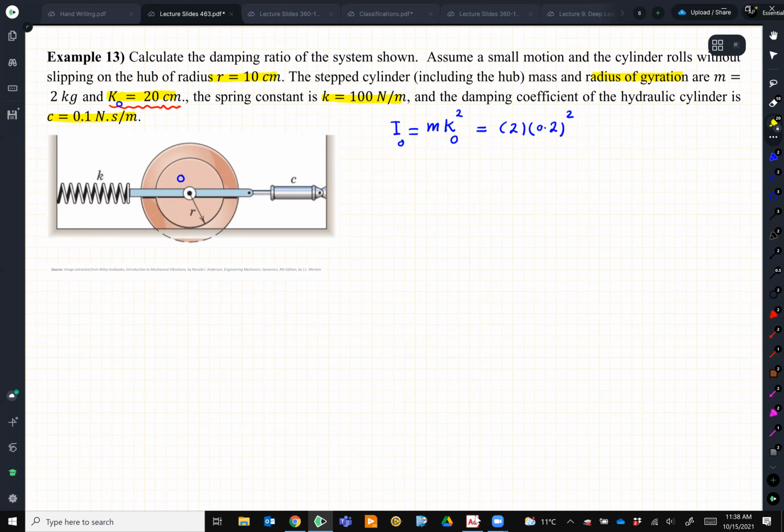We want to calculate the damping ratio. So we need the equation of motion. Okay. And also it says to assume that the cylinder rolls without any slipping on the hub. So this point is rolling, no slippage, right?